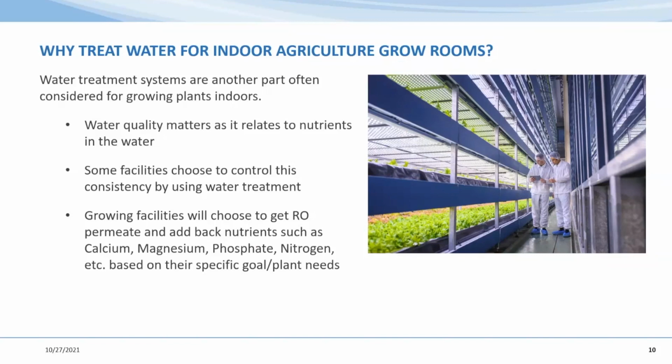So with that, getting that to an RO permeate level really strips down, and we'll talk about the percentage of removal, but it allows you to then introduce things like calcium, magnesium, and phosphates and nitrogens back in at the concentrations you desire based on that specific plant's nutrient need.